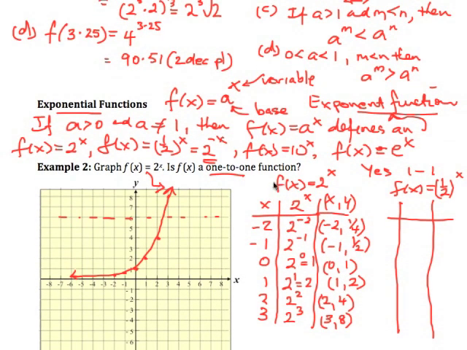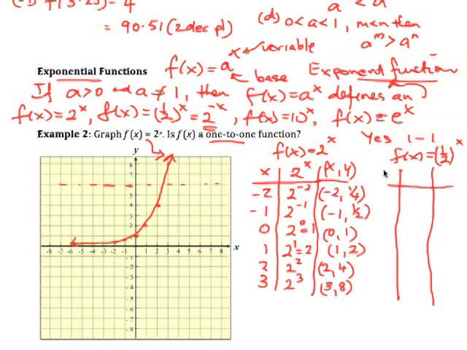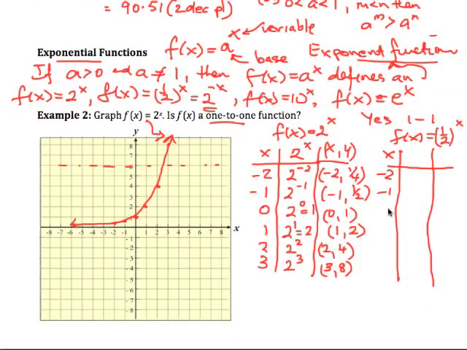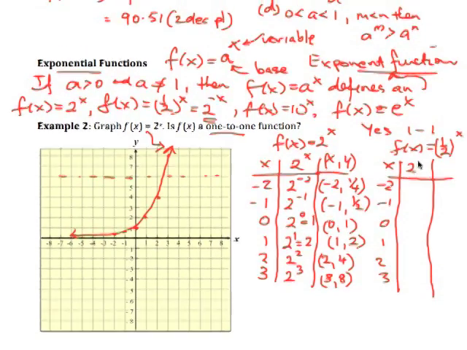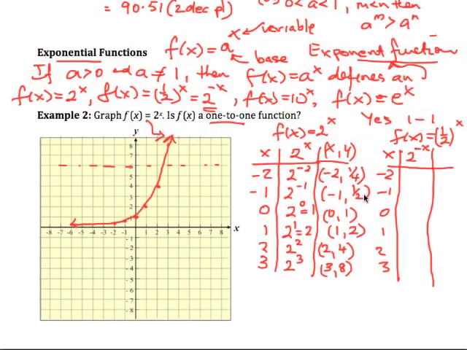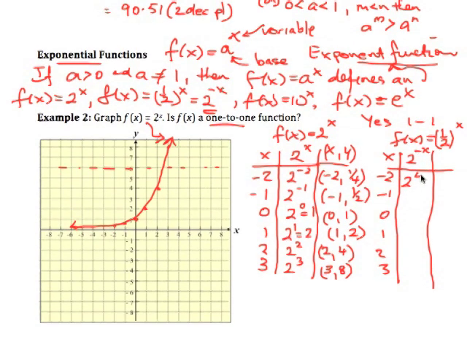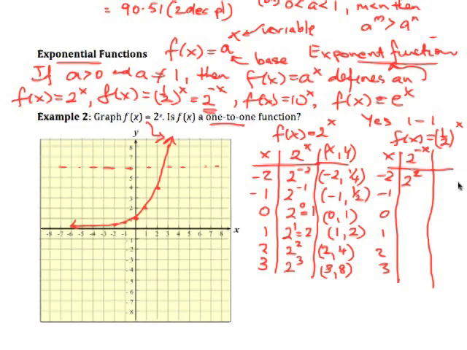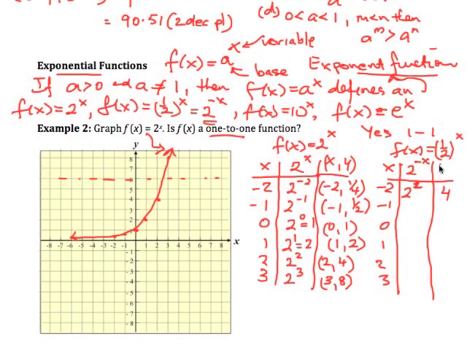Let's do the same points. We've now got 2 to the negative x. So now this becomes 2 to the negative of negative 2, which is positive 2, so that's now 4.